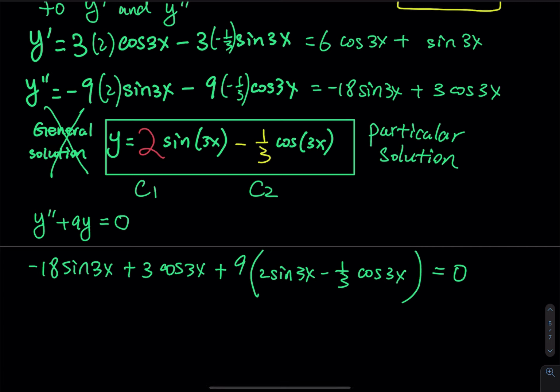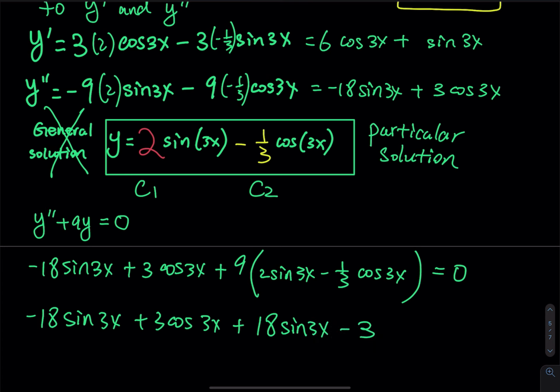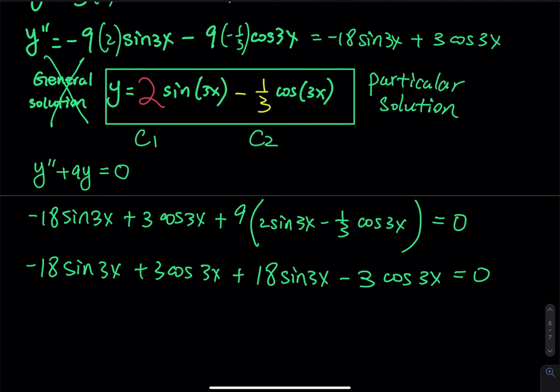Just distribute the 9. I know it is easy to see, but do it. Sine of 3x and then 3 cosine of 3x. Not next 3x. And then 9 times 2. 9 times 1/3 equals 0. This should be extremely easy to verify.